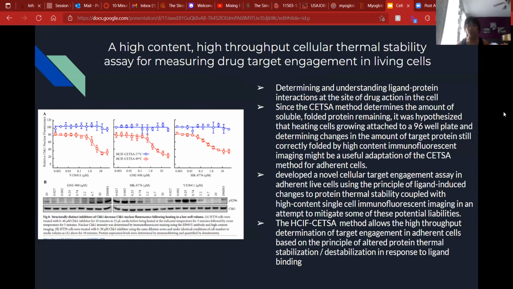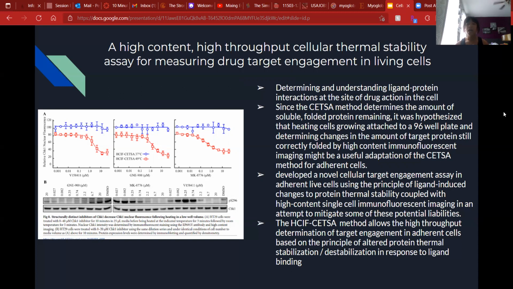For a large number of potential drug targets, classical approaches, so monitoring changes to substrate or product generation, are not viable. And so they developed this novel cellular target engagement assay in adherent living cells using the principle of ligand-induced changes to protein thermal stability coupled with high content single-cell immunofluorescent imaging in an attempt to mitigate some of these potential liabilities.